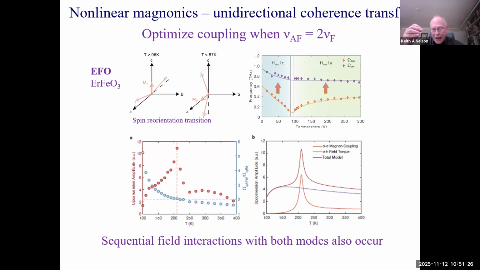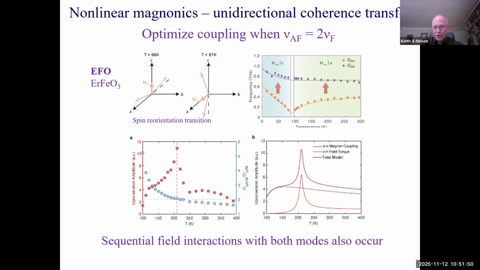But they have very different behaviors. And in particular, the mechanism that I described before, this nonlinear coupling between the modes, as opposed to just the field itself driving both modes, is optimized when the mode frequencies are in a 2-to-1 ratio.